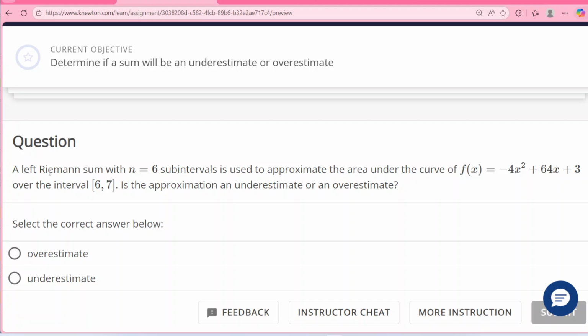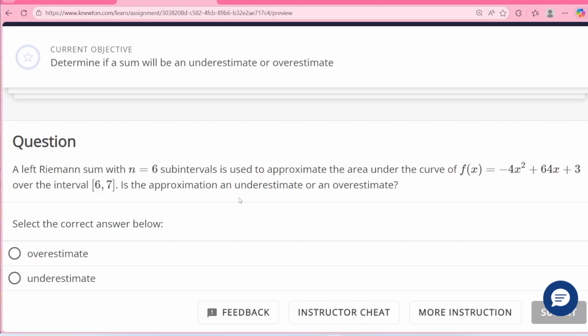So a left Riemann sum, meaning that I'd be plugging in left endpoints instead of right endpoints or midpoints or something, or it's not an upper sum or a lower sum necessarily, but just plugging in left endpoints to get the heights with 6 rectangles, right? 6 subintervals is used to approximate the area under the curve of this quadratic function here, just over the interval from 6 to 7.